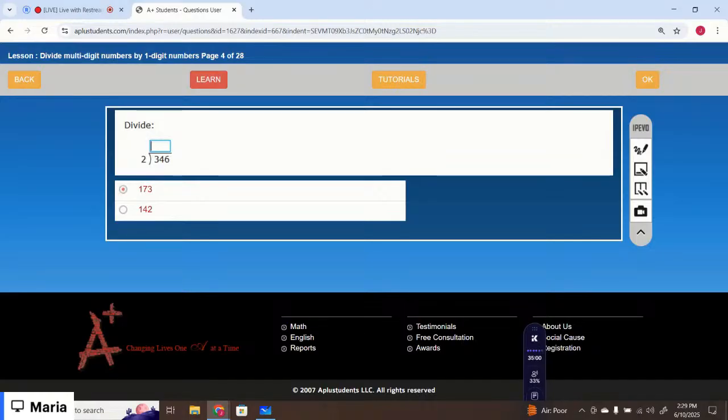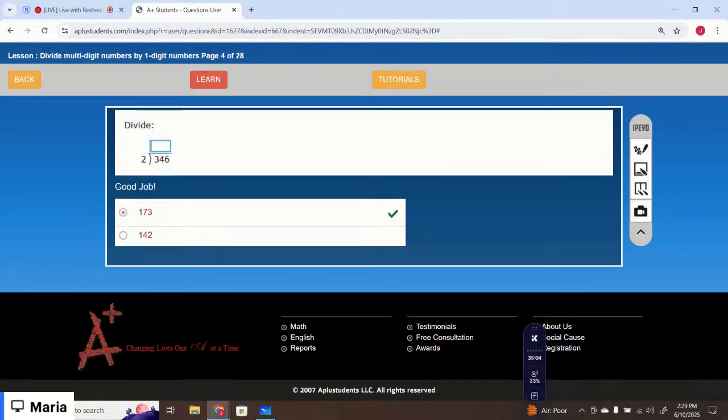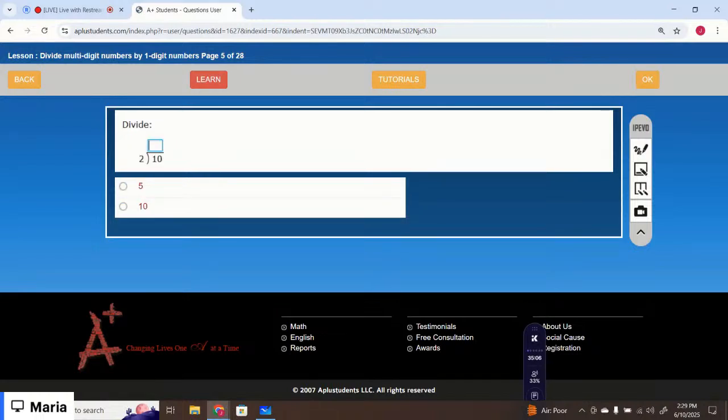That is 173. Option number 1 is the correct option. And divided by 2, which is the correct option?